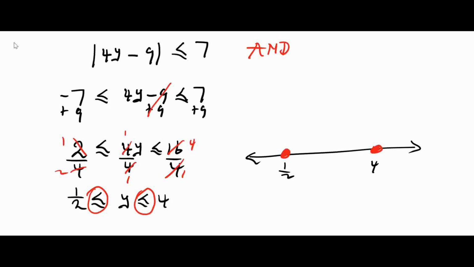So now, since y is greater than or equals to 1/2, draw in this direction, and also y is less than or equals to 4. So this is the graph of the solution to this question. I hope this makes some sense.